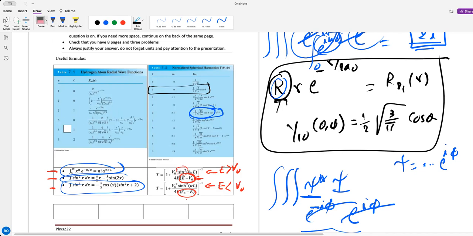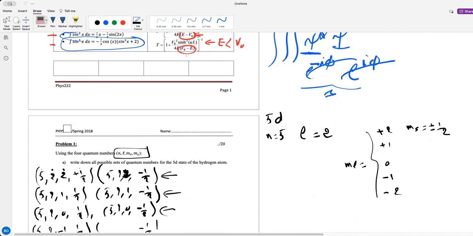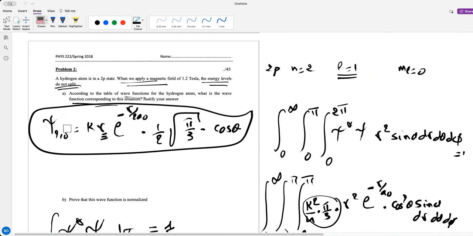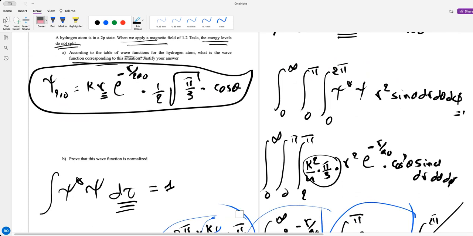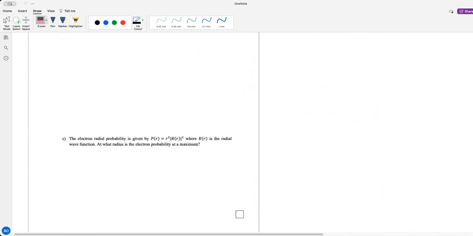But in fact, the constant is 1 over a0 times the square root of 3 over 2 times a0 to the power of 3 over 2. I just put it as a constant. So when you integrate, you just substitute it. Okay, thank you, sir. You're welcome.